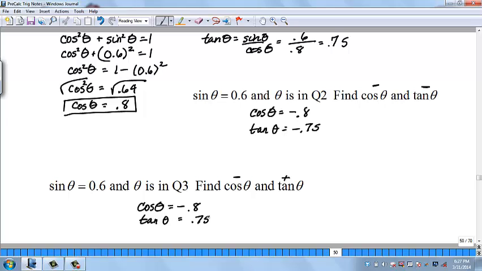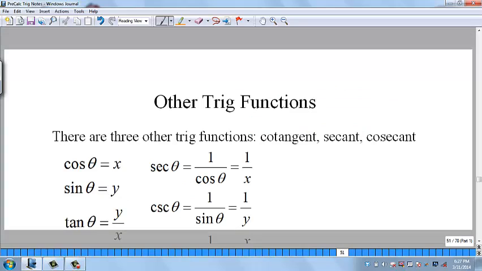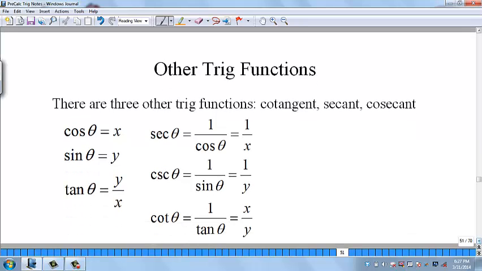Okay, so let's look more at the other trig functions that we have. We've spent a lot of time on sine, cosine and tangent. Now the other ones that we have to work with are the reciprocal functions. Secant is 1 over cosine, or 1 over x, cosecant is 1 over sine, and cotangent is 1 over tangent, or x over y.